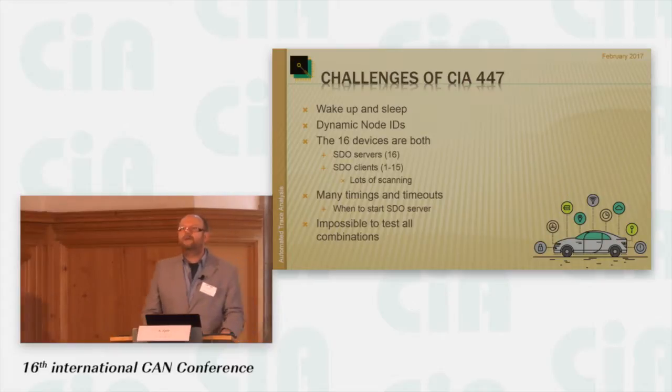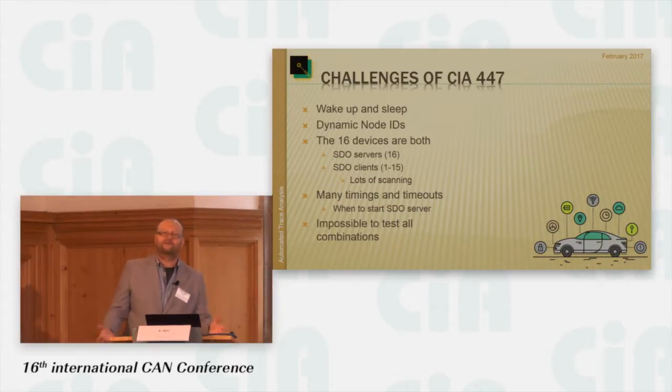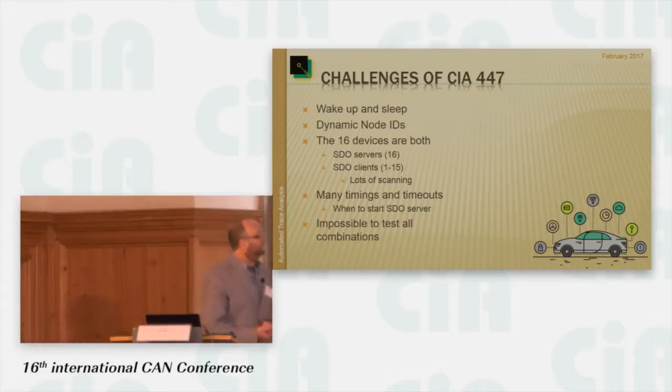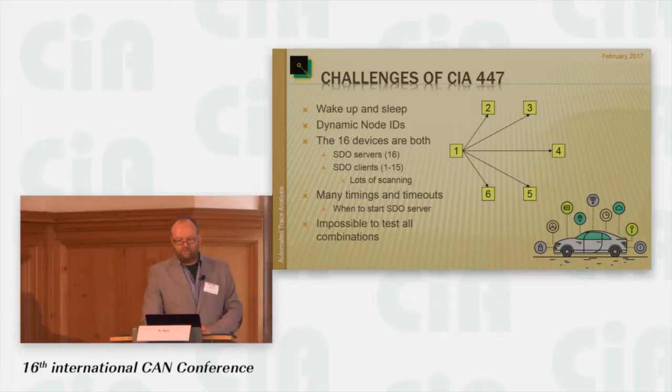So if you look at a trace where at the same time 10 or even 5 nodes communicate with each other, you are lost immediately if you just look at the plain trace recording. So you really need help here. It's really impossible to test all combinations.